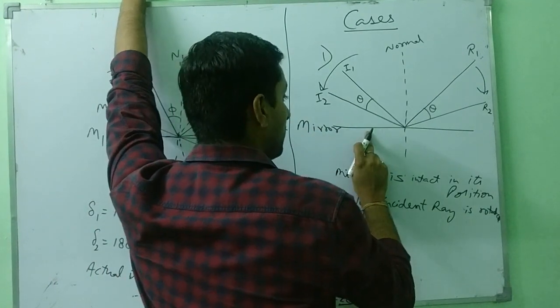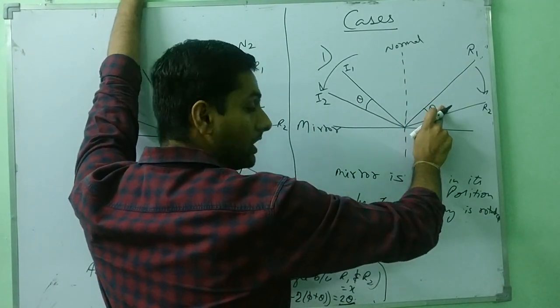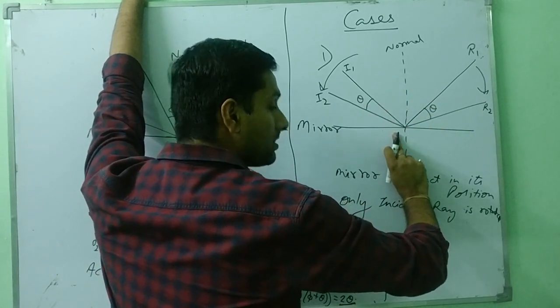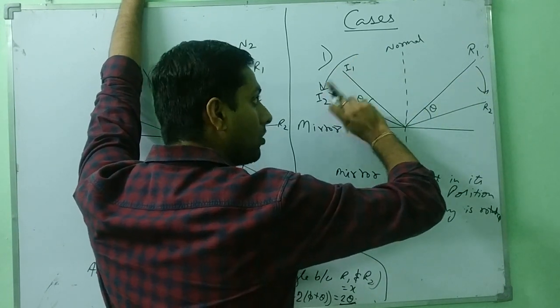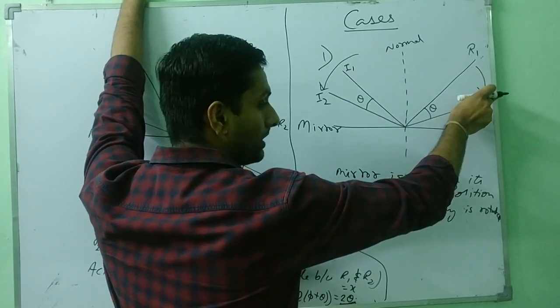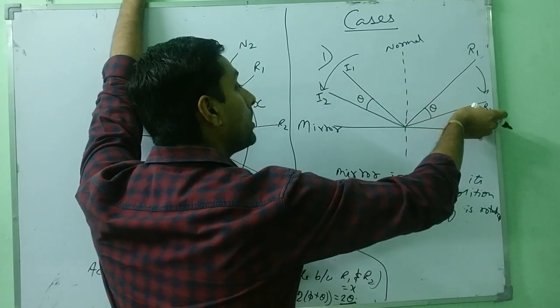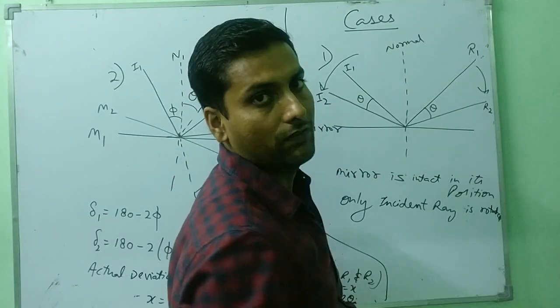Since the mirror is in the same position, the reflected ray will be deviated by the same angle theta in the same plane of incidence, but in the opposite sense. When it is rotated anti-clockwise, it will deviate clockwise, and if it is deviated clockwise, it will deviate anti-clockwise. So the sense of rotation is different.